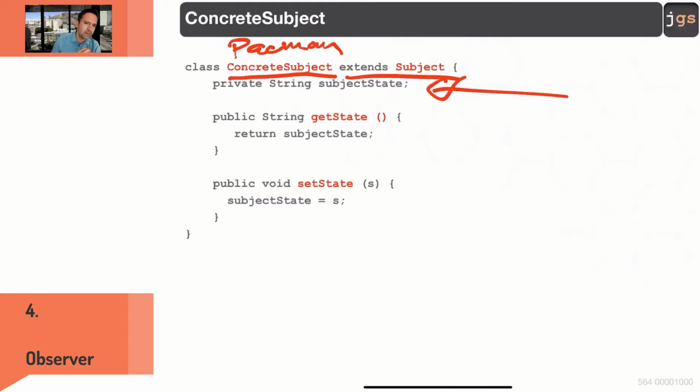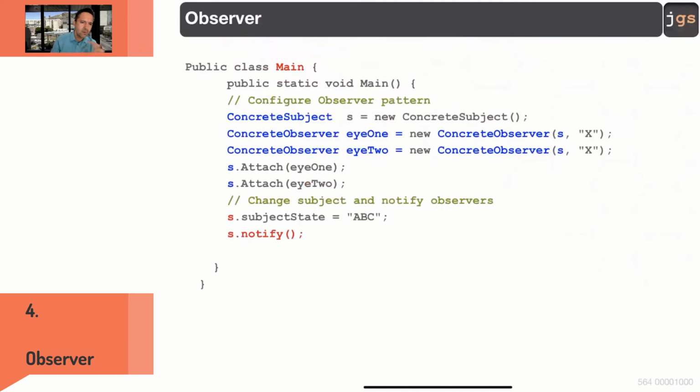Okay, so what do I do with this structure? Well, create an object. I can create a subject. Remember, my subject could be Pac-Man. I create a Pac-Man. And then I can create Ghost1 and Ghost2.